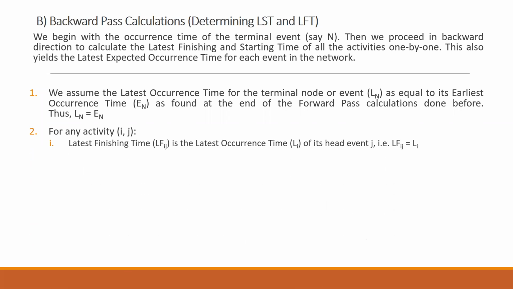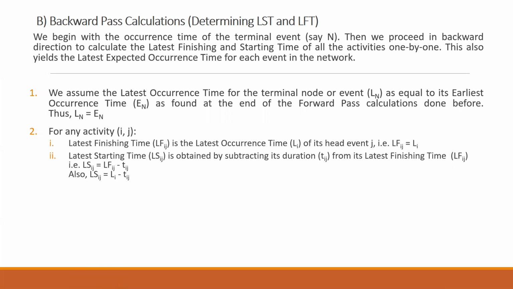The latest finishing time is the latest occurrence time, Lj, of its head event, so LFij is given by Lj. The latest starting time is obtained by subtracting its duration from its latest finishing time, LF, because we are going backwards. So LSij is given by LFij minus Tij, or you can also put it as LSij equal to Lj minus Tij.